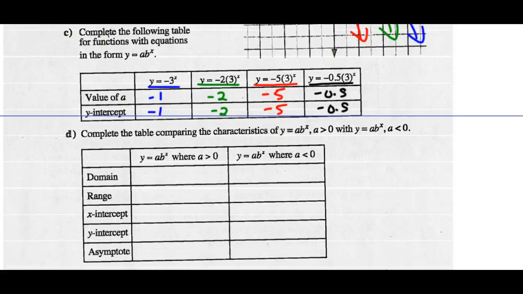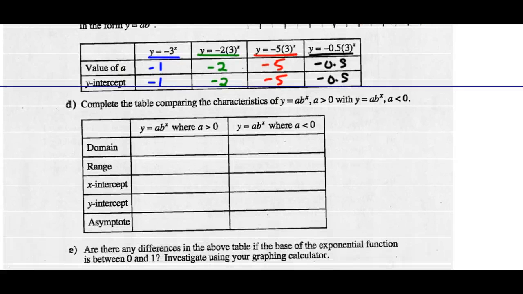So complete the table comparing the characteristics of y equals a times b to the x when a is greater than 0 with y equals a times b to the x when a is less than 0. Well, when a is greater than 0, those are all the graphs at the top of the page that were already drawn in there.